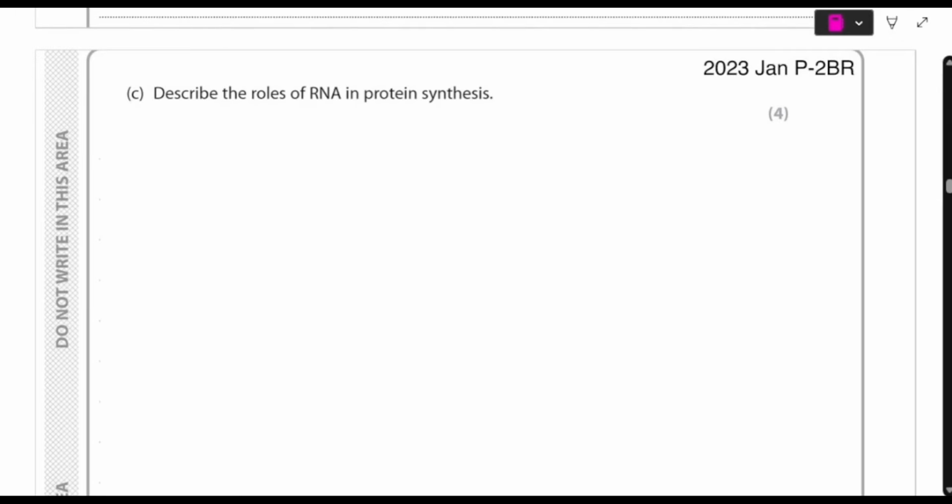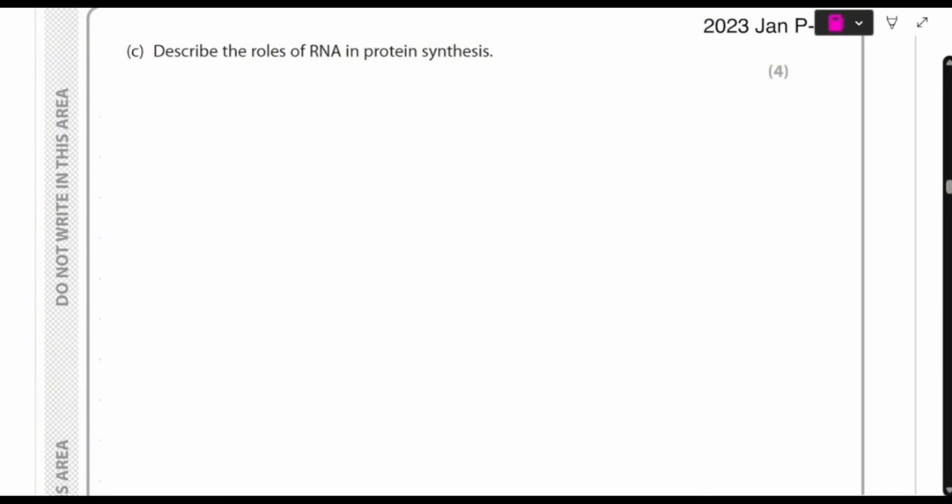Describe the role of RNA in protein synthesis. So there are two RNAs involved in protein synthesis. One is mRNA, which is produced in transcription. So what mRNA does is it copies the complementary codes.